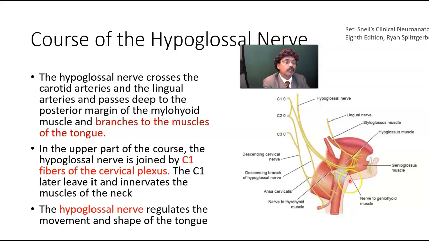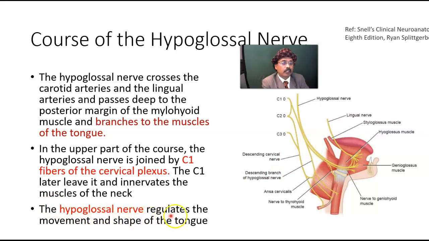Here we have the geniohyoid muscle and the thyrohyoid muscle. So these are innervated by the ansa cervicalis. We'll not go there. We'll go to the hypoglossal nerve. It is just giving support to C1. There is no mingling of fibers. Fibers are not mixed up. Just getting support. Okay, we got that.